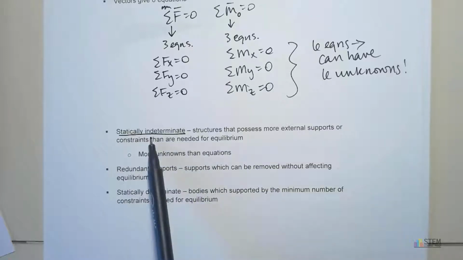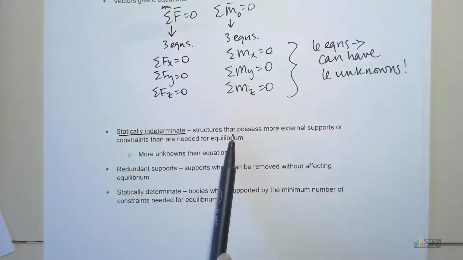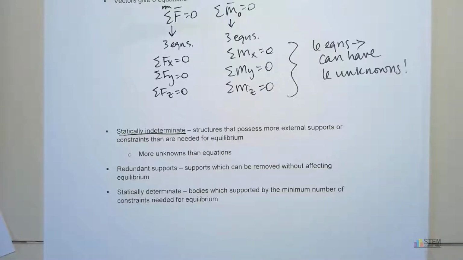That's what statically indeterminate means. If you were to go through and solve your system and try to find all the unknowns, you're going to have more unknowns than you have equations. And that's because you have more supports than what you need. So you won't be able to solve this kind of problem because you've got too many unknowns.